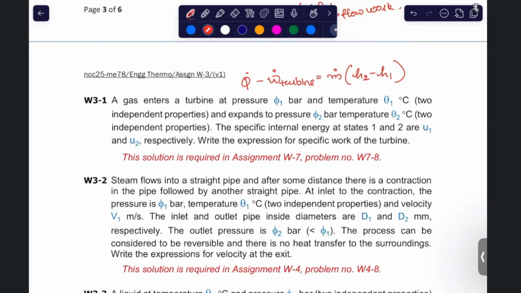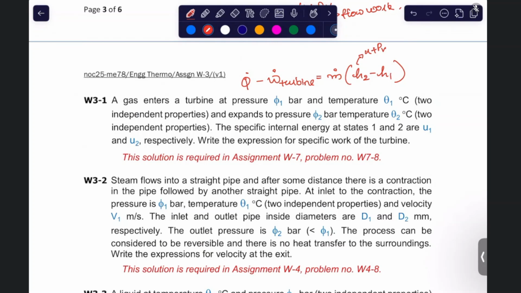That is why kinetic energy and potential energy are neglected, because it is not stated explicitly. The first law is like this, and H1 and H2 can be written as U plus PV. And if you want specific work, then it can all be divided by m dot.